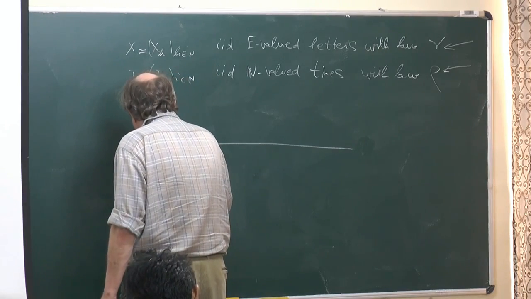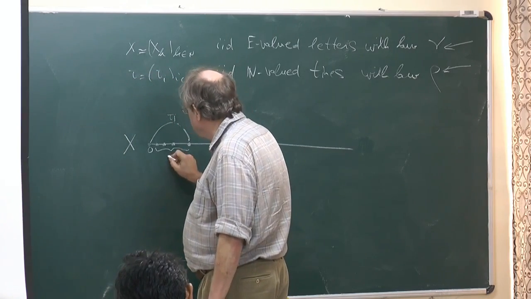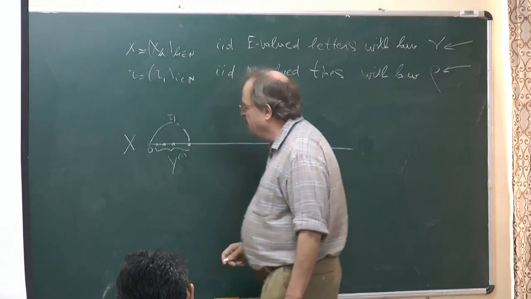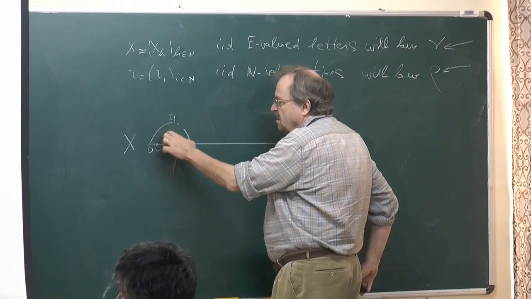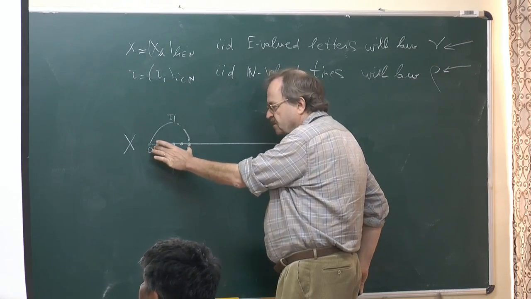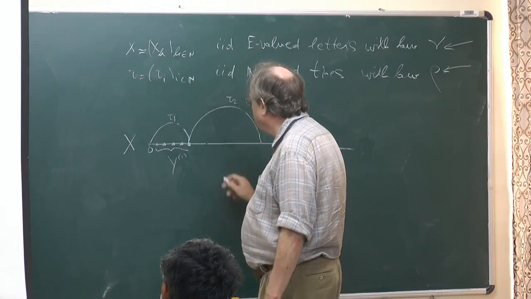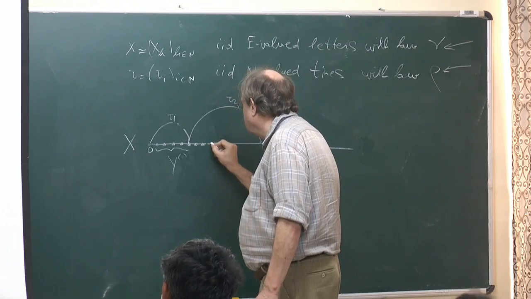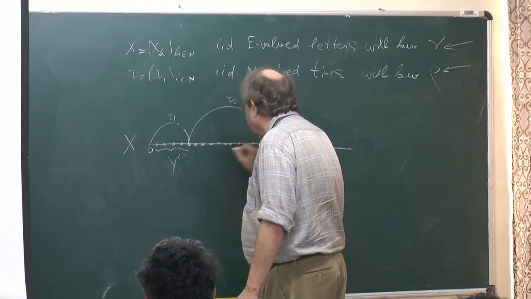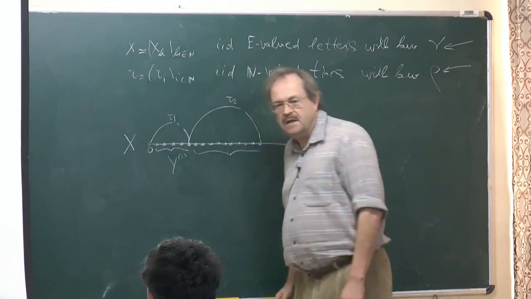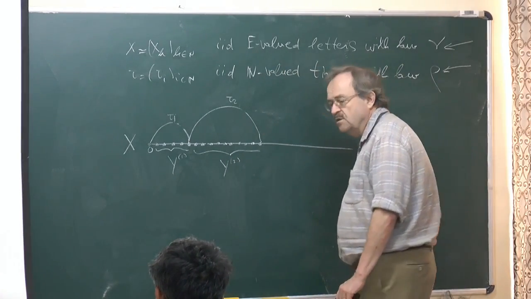This is time 0, and I'm looking at the word that I see here, and this I would call the first word. The first word is just all the letters that I see during the first time lapse. And then I'm going to make another time lapse, which will have length tau_2, and I'm going to look at all the letters that I see in that next time interval. And I would call this y_2. And I continue doing that.